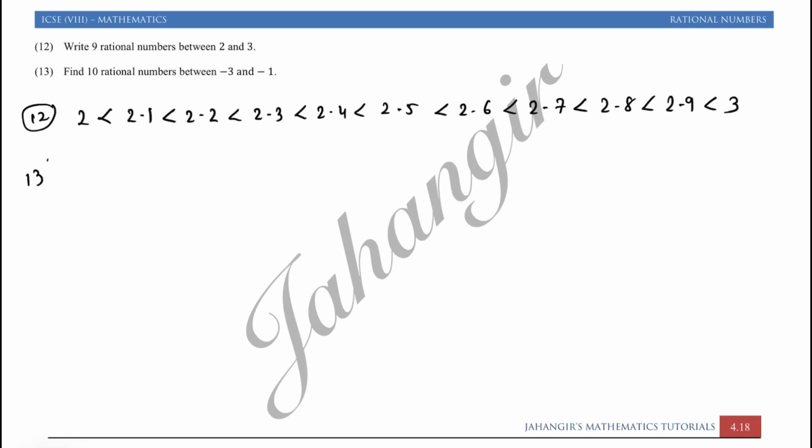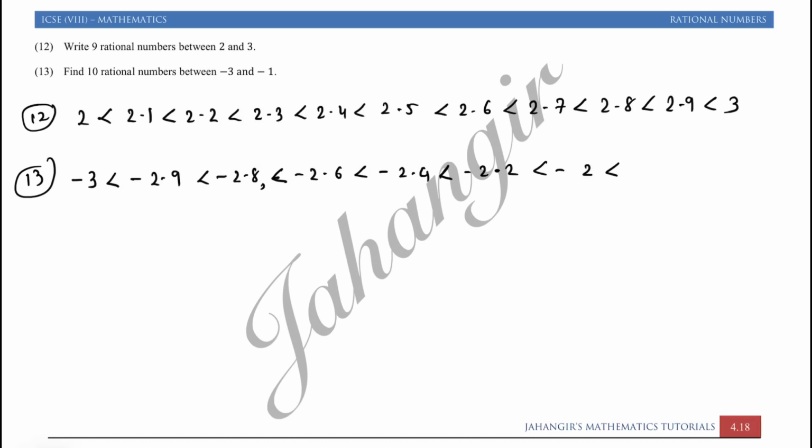Same way, in 13 we have to put 10 rational numbers between -3 and 2.1. So I can put as many. -3, -2.9, -2.8, -2.6, -2.4, -2.2, -2, -1.8, -1.7, -1.6.